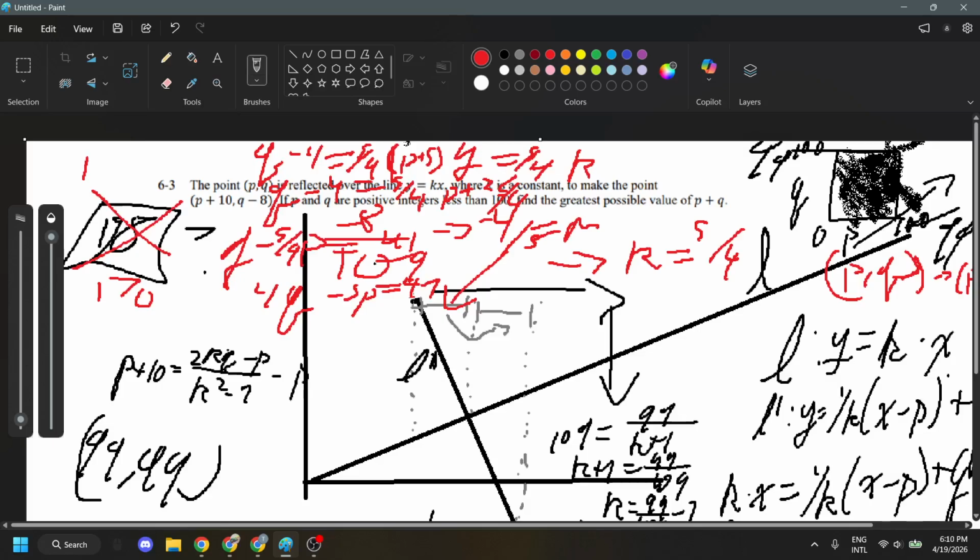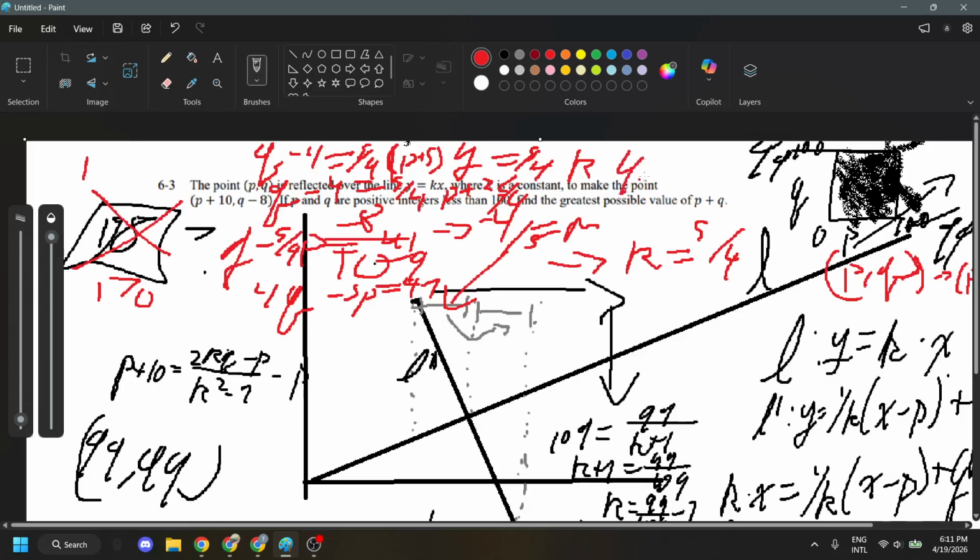So 8 minus 5 is 3, 12 minus 5 is 2, 16 minus 5 is 1, 20 is 0, or I guess mod 5, I mean. 24 is 4, 28 is 3. Okay.